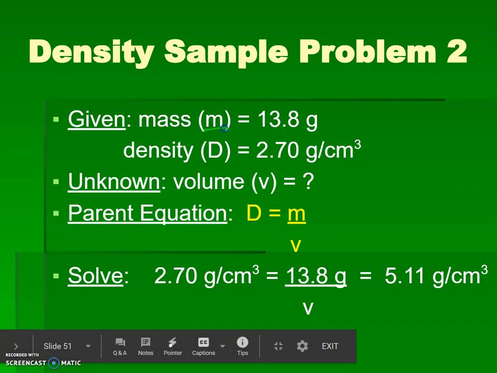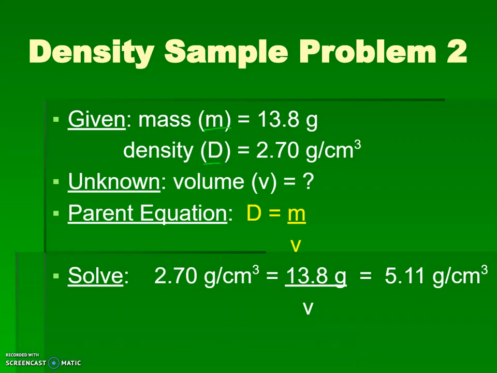But here we have mass and density given to us, looking for volume, and then we substitute in here, which is the same as volume equals mass over density, and then we solve for our volume and get 5.11, sorry, not grams, just cubic centimeters there, okay?